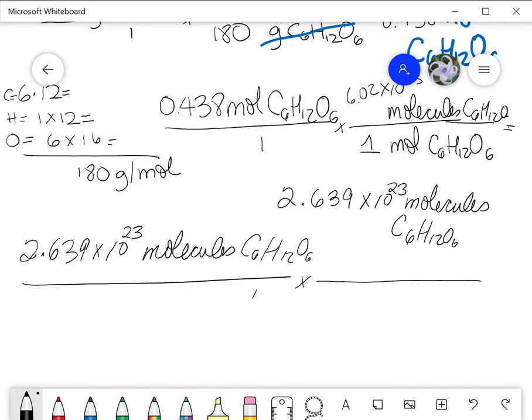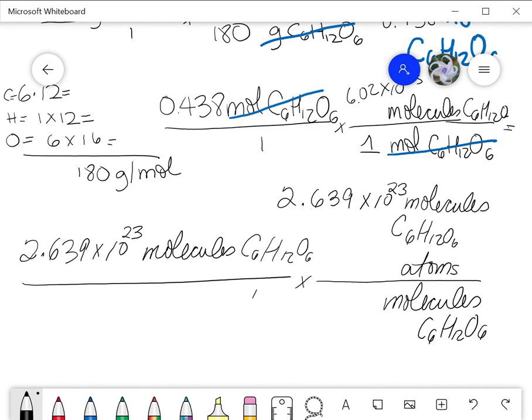So I know previously my moles canceled out, and now I'm with molecules. So now I know I need to have molecules in the denominator. And then I'm going to go to atoms of oxygen.